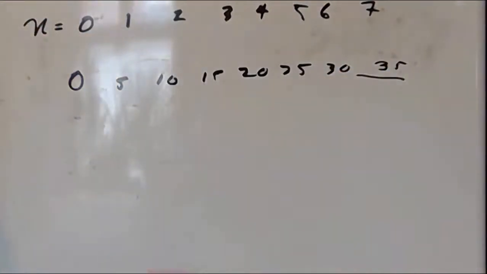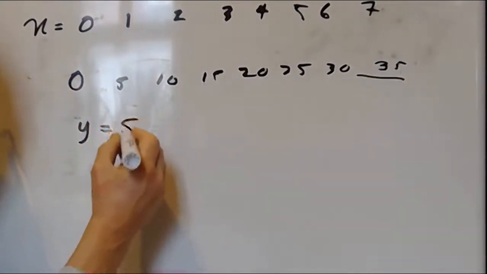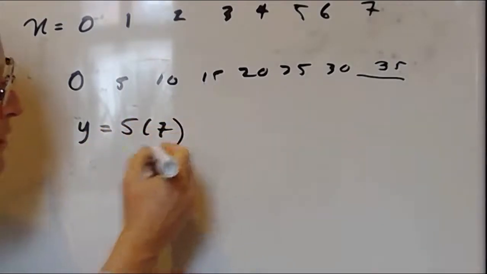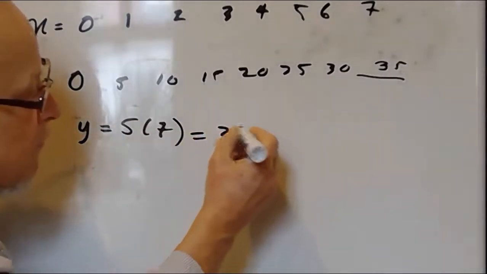So we can say that y is equal to 5, because that's what we're adding to each of these numbers, times 7, that's our n, is equal to 35.